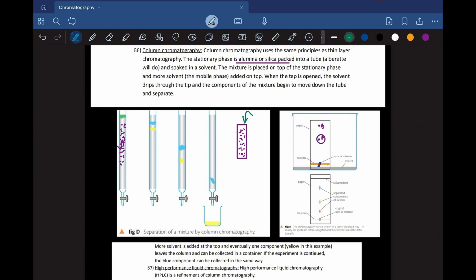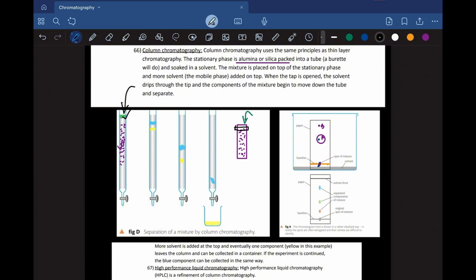The mixture will be placed on top of the stationary phase, on top of the particles, just like here, and then a lot more solvent will be put in from the top.